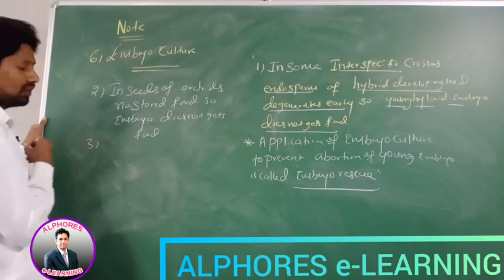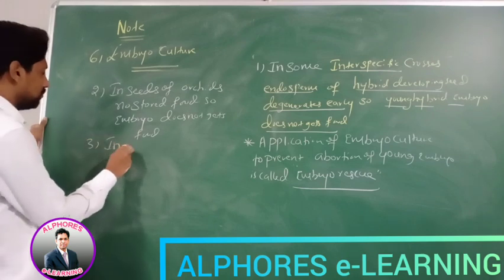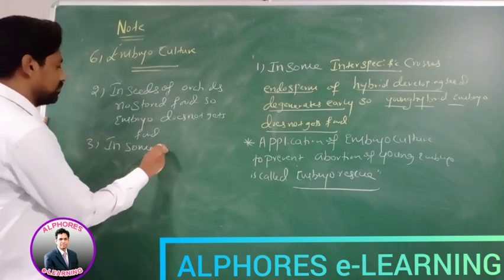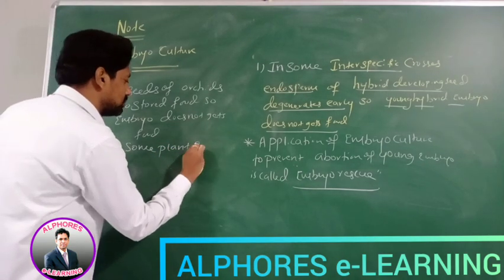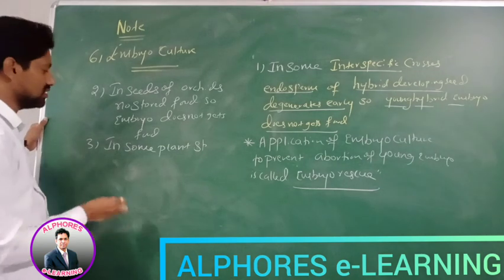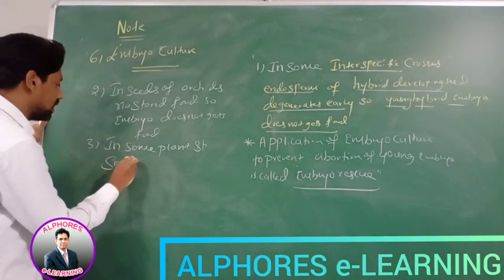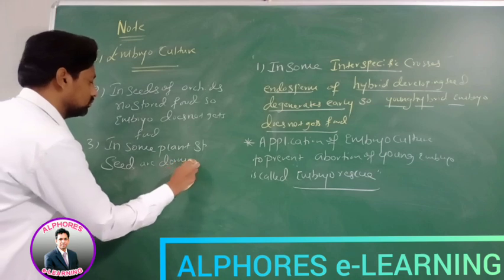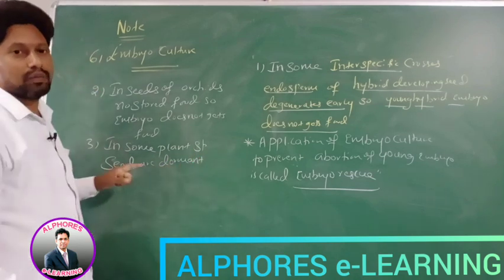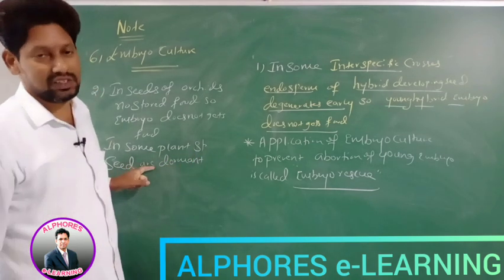Number 3. In some plant species, seeds are dormant. It means the seed is unable to germinate.